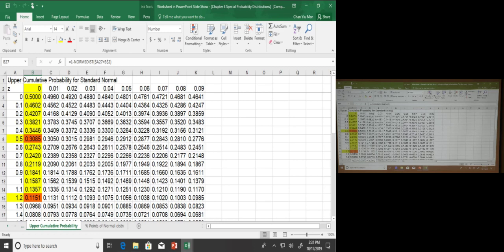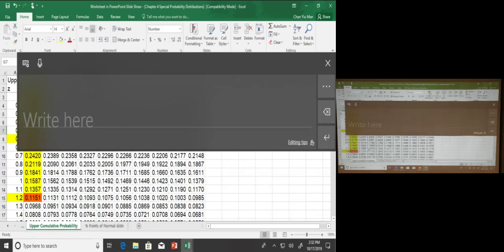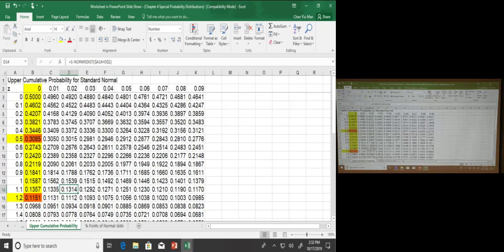This is 1.20, and this is the second decimal place of the z. So this is 1.21, 1.22, 1.23. So this is 1.23, this value. That is the probability of a standard normal greater than 1.23.